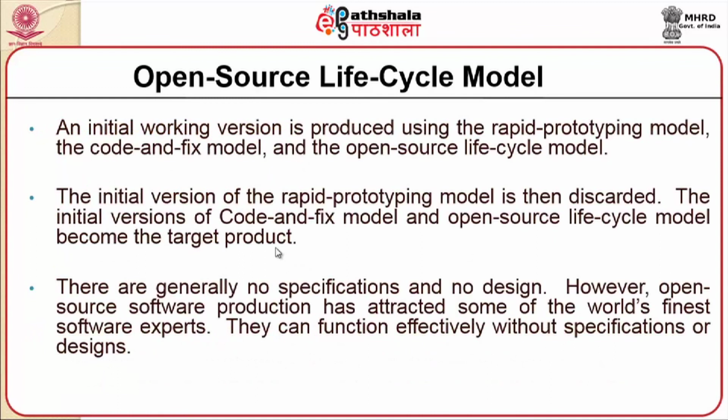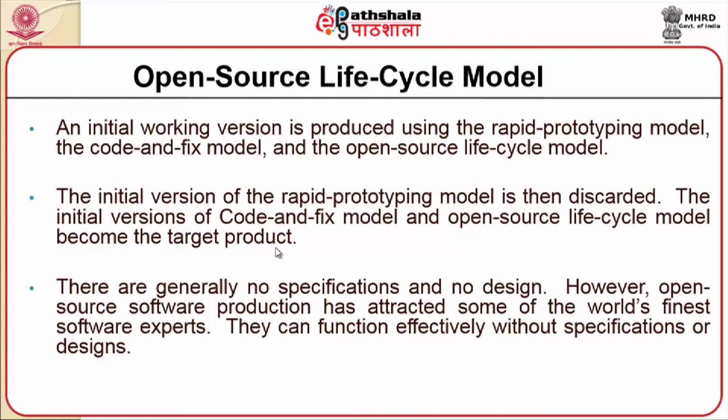An initial working version is produced using the rapid prototyping model, the code and fix model, and the open source lifecycle model. The initial version of the rapid prototyping model is then discarded. The initial versions of the code and fix model and the open source model become the target product. There is generally no specification and no design.